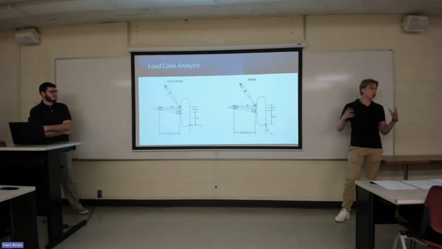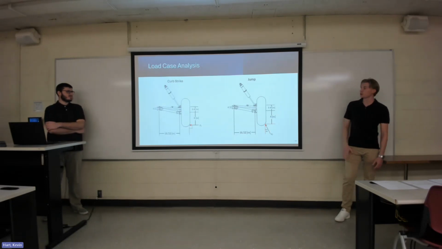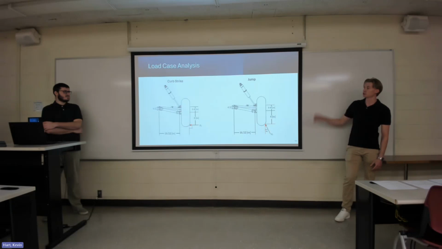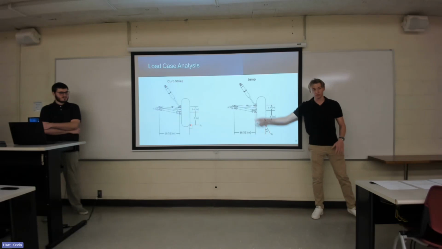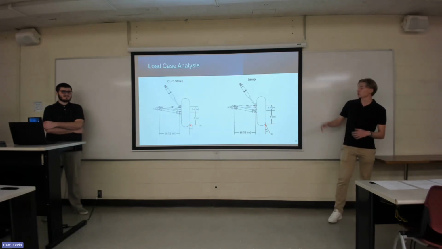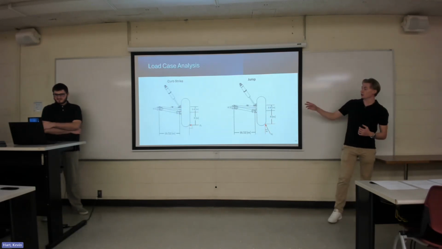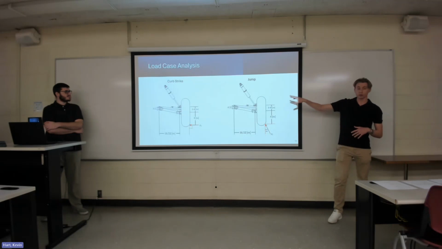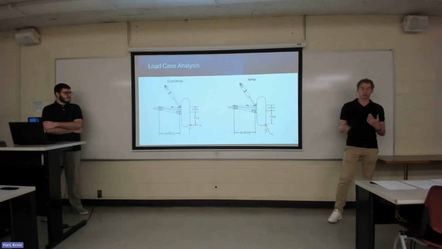Now, there aren't a lot of curbs necessarily in Baja, but one of the pictures earlier, when Tom was introducing our objectives, was a rock crawl test, where the vehicle is climbing up these rocks and it might slide and encounter a lateral load near the bottom of the tire. That's going to introduce a large moment force going through the suspension, as well as introducing an axial force in that load bearing axle.